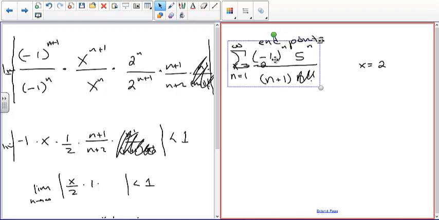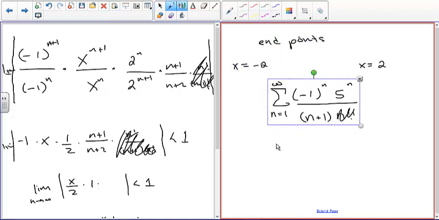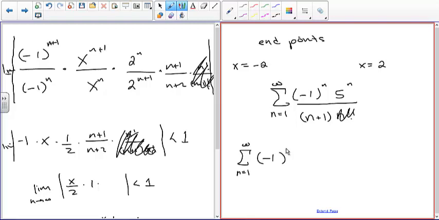Okay, so that's the expression. So you'd have a summation from n equals 1 to infinity of -1 to the n times x. So I'm going to fix that. Okay, it's x to the n.